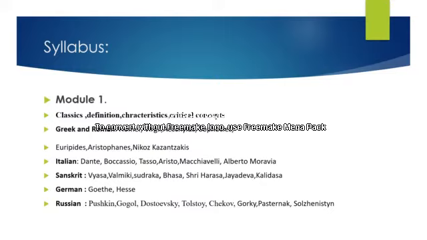Next is Italian literature. We should study what you mean by Italian literature and some of the important writers in this stream. That is Dante, Boccaccio, Tasso, Ariosto, Machiavelli, Alberto Moravia, etc. Then the next one is Sanskrit literature: Vyasa, Valmiki, Shudraka, Bhasa, Sriharsha, Jayadeva, Kalidasa.